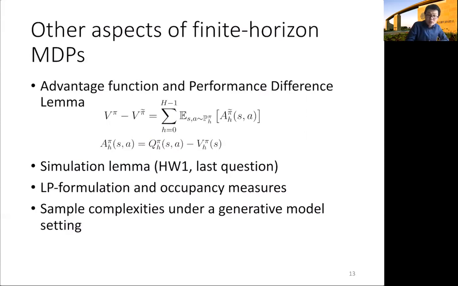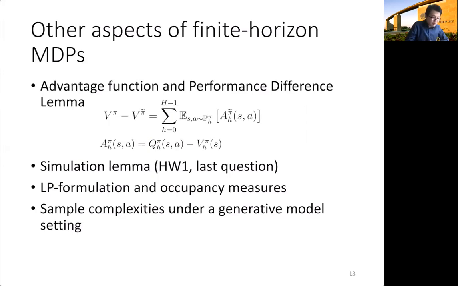You can also try using the same technique to prove the sample complexity bound under the generative model setting. In general, the line of research on finite horizon MDPs is slightly more recent compared to infinite horizon MDPs, and some of the tight results are first derived for finite horizon MDPs before they got applied and generalized to infinite horizon MDPs.